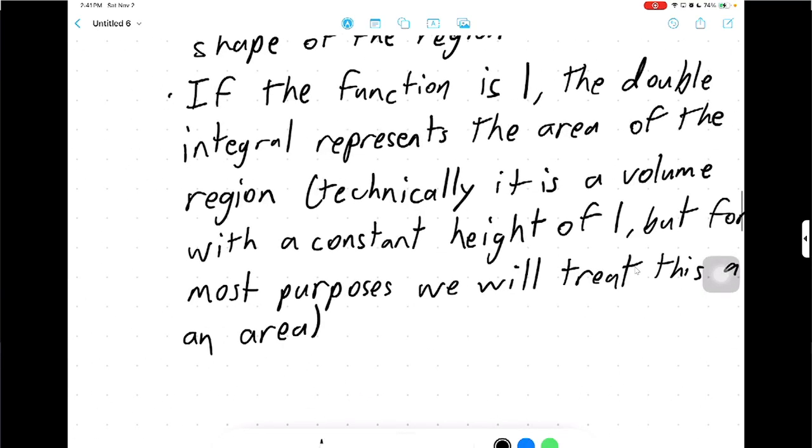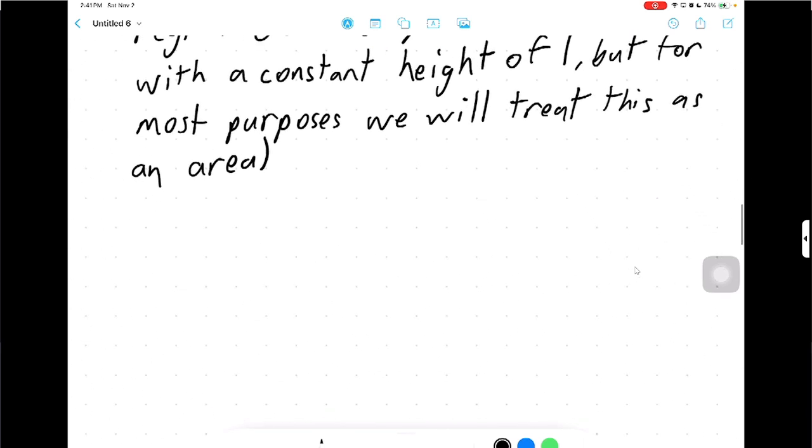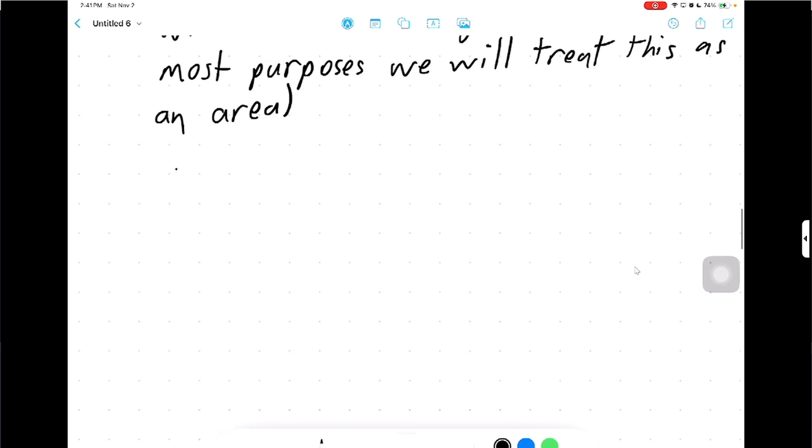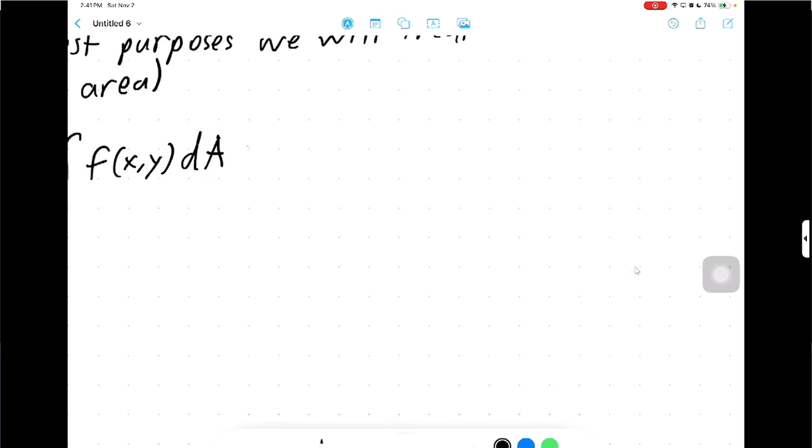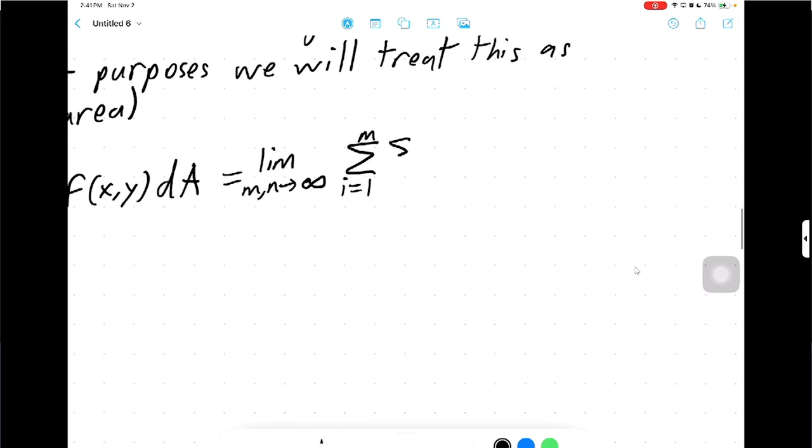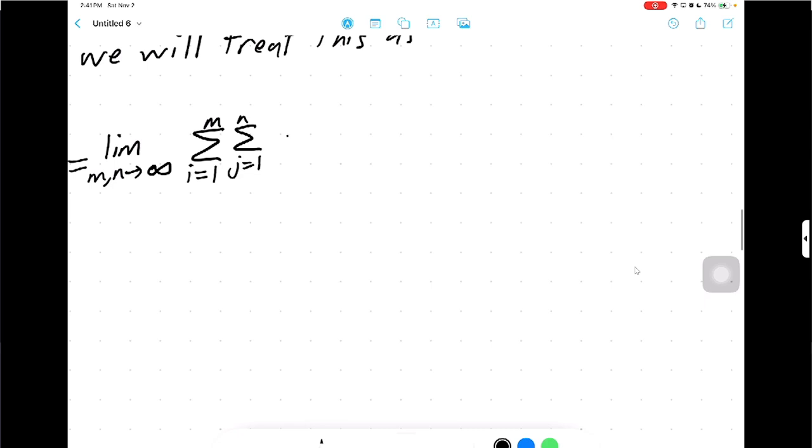Alright, that is I think the conceptual understanding of the double integral. And as far as the definition goes, we have this, which is really another limit definition. Limit as n goes towards infinity of the sum of f of x_i, y_j, delta x, delta y.